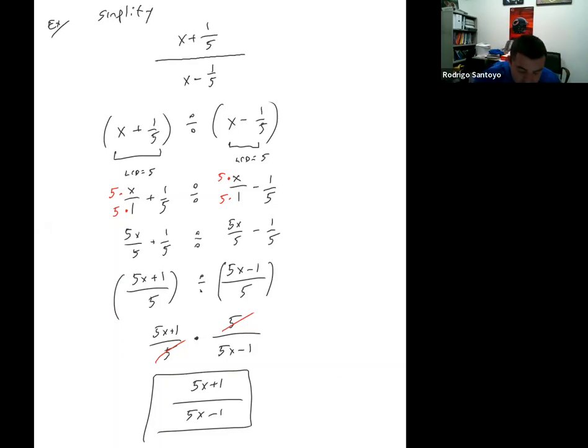Let's take a look at our next example. Anyone need another minute copying this down? We have 1 plus 1 over x. That entire thing is over 1 minus 1 over x to the power of 2.